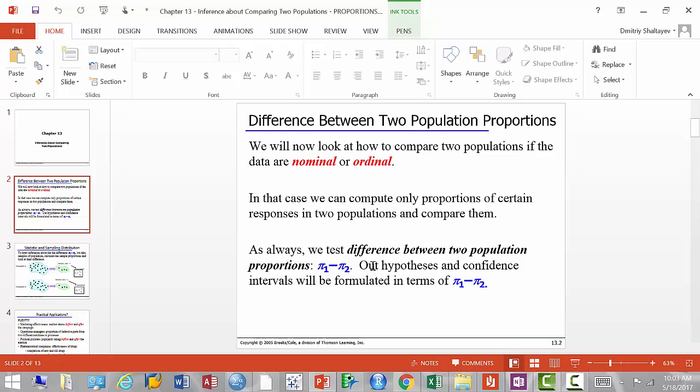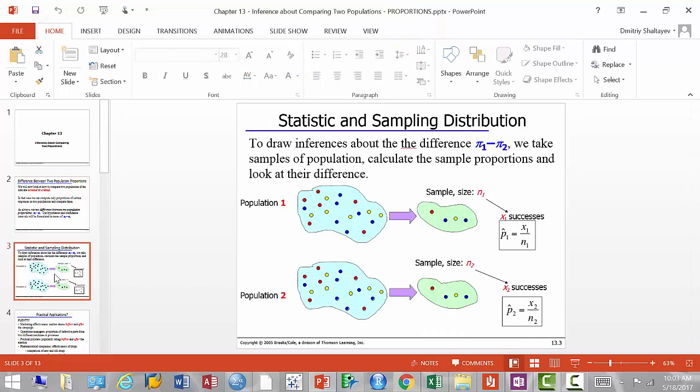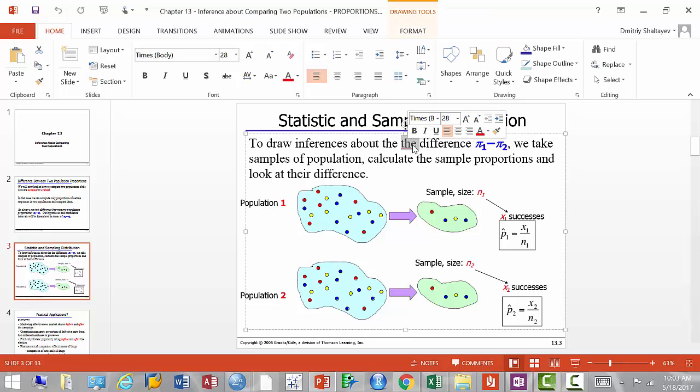So if your data are categorical, nominal, or ordinal, your entire population has the true proportion of certain category, certain response, pi, okay? And 1 refers to the sample number 1, 2 refers to the sample number 2. So the idea basically is that just as before, we have two of these, right? The difference.